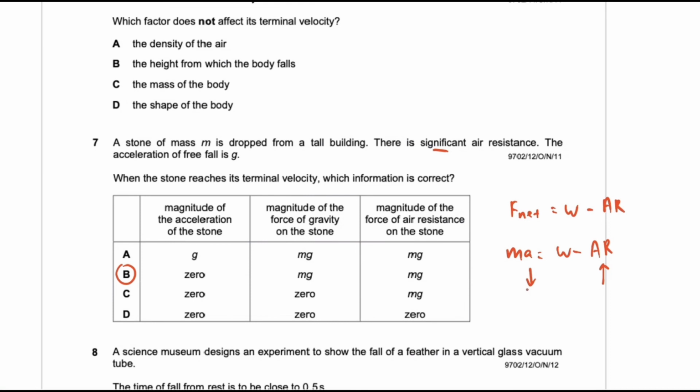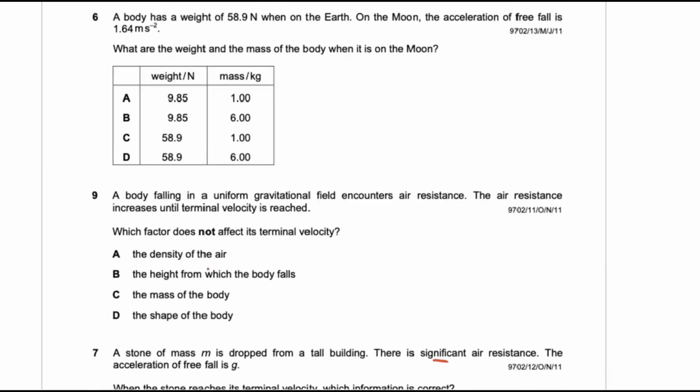Acceleration will decrease to 0 at terminal velocity. That one is constant because there is no air resistance. With air resistance, this one will decrease. So remember that. This one will decrease to 0, but that one will not decrease to 0. It will just remain the same because it is just the weight which affects the acceleration.